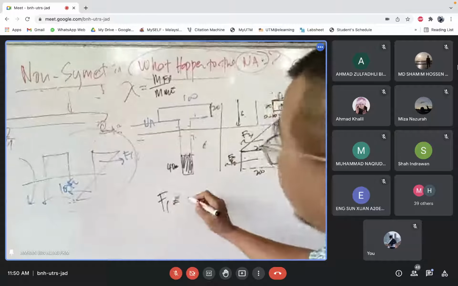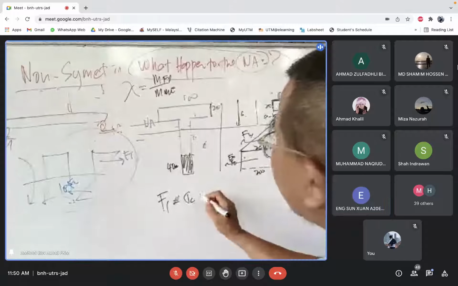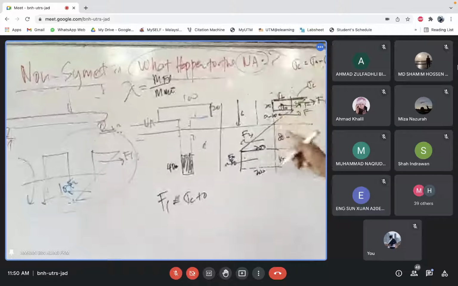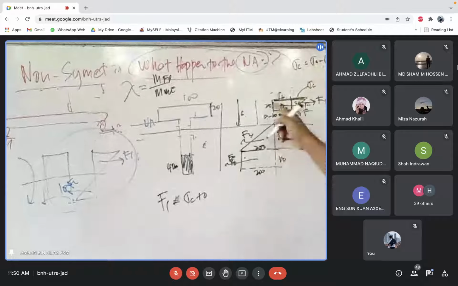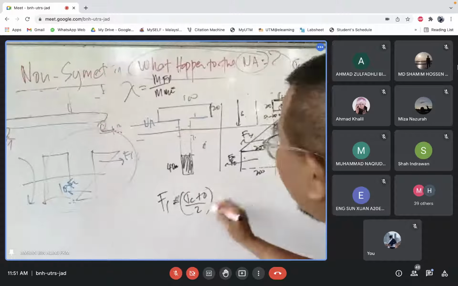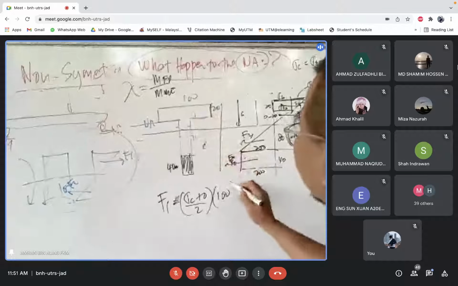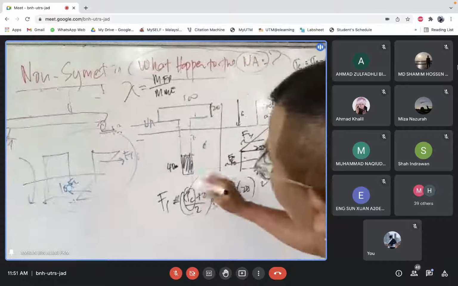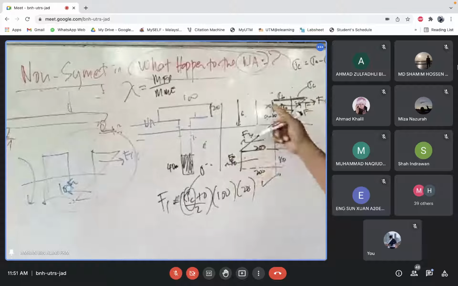Are you with me? Sigma C plus 0. Your sigma C can be found in terms of sigma A and 200 and A, right? And then plus the area there, 100 times 20. Change that into sigma A and 200, A and 200.